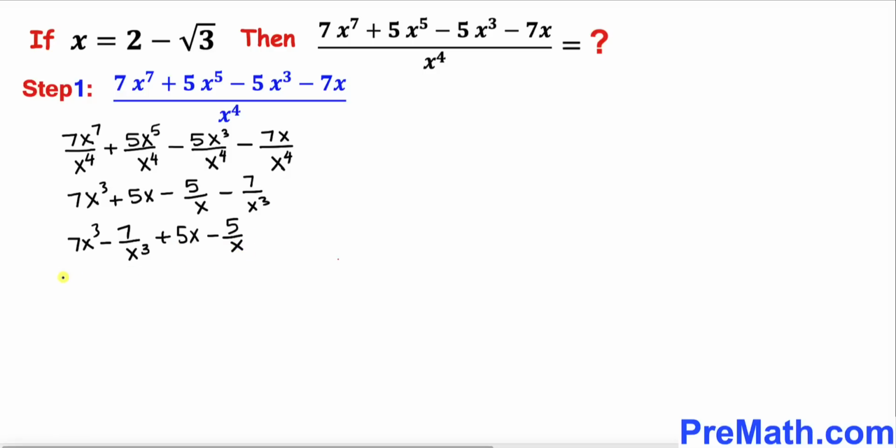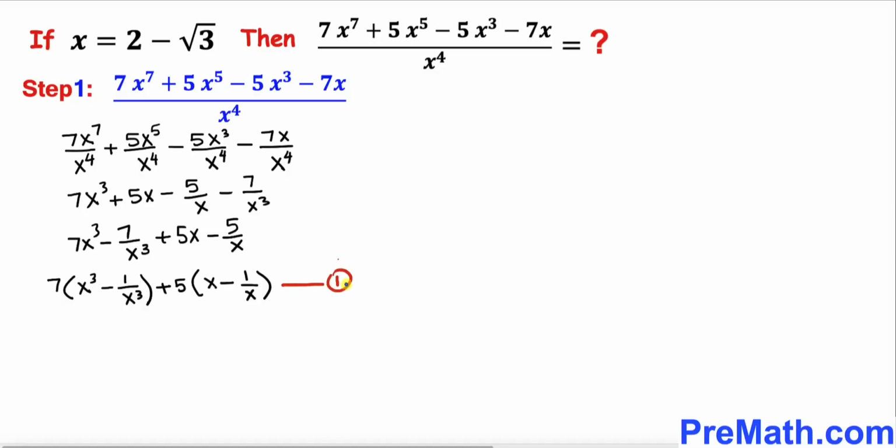So therefore let's factor out 7 outside, and we get (x^3 minus 1 over x^3), and then I'm going to factor out 5 outside, and in parentheses we get (x minus 1 over x). Now let me call this our expression number 1.